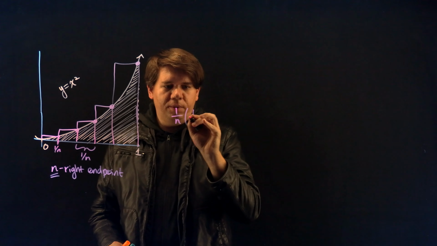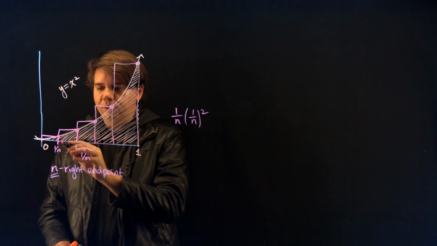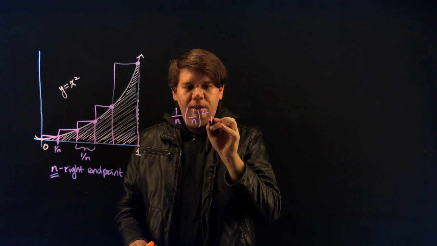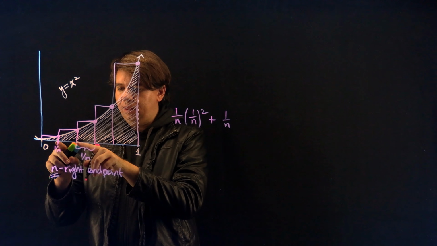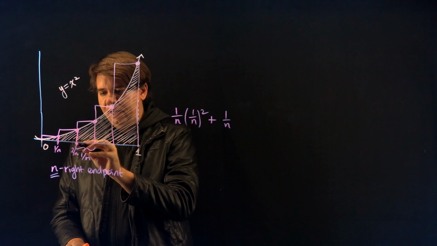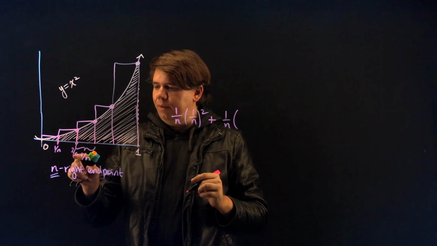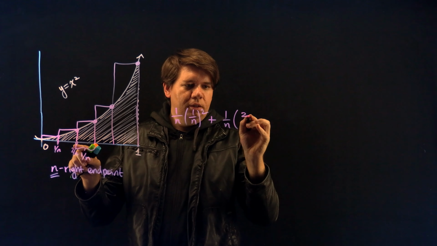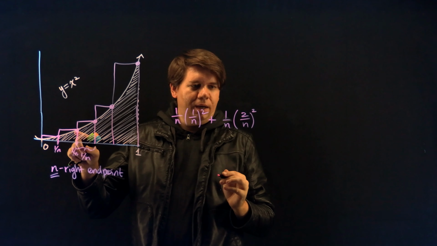So the height will be 1 over n squared, because I need to plug that into my function, y equals x squared, to figure out the height of it. Plus, for my next rectangle, the width is again 1 over n, but now this is at 2 over n. That's the x value it's at. So it's 1 over n is its width, times the x value, 2 over n squared, to give you the height.